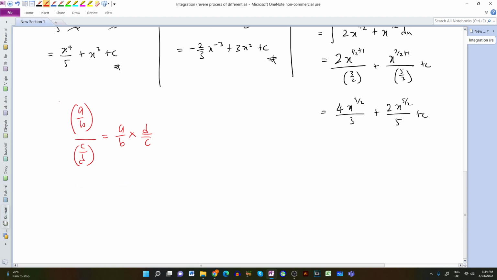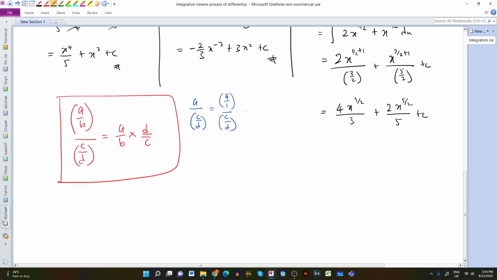Okay, the same idea I'm using here. If a over c over d, this is actually a over 1 divided by c over d, so a over 1 multiplied by d over c, you get ad.